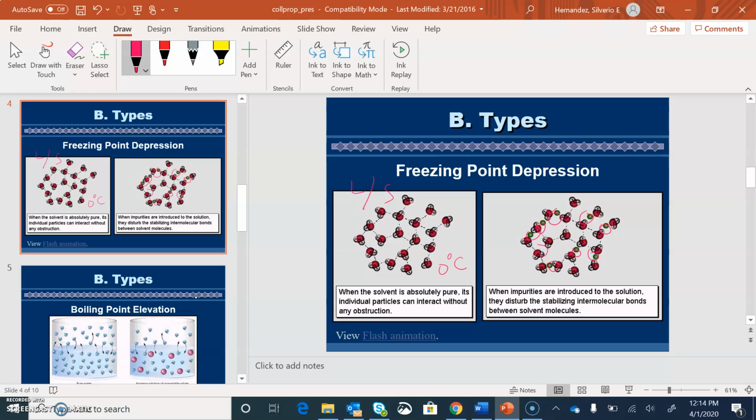These particles are getting in between that, so they kind of have to be pushed out of the way so that the water can transition from a liquid down to a solid again. So there's a new equilibrium that has occurred, and because of that, it's going to lower that freezing point, let's say from 0 down to -5. Now, this is a totally made up number. I'm just giving you, for instance, an example, right?